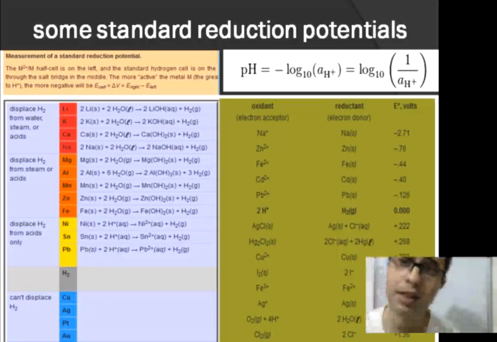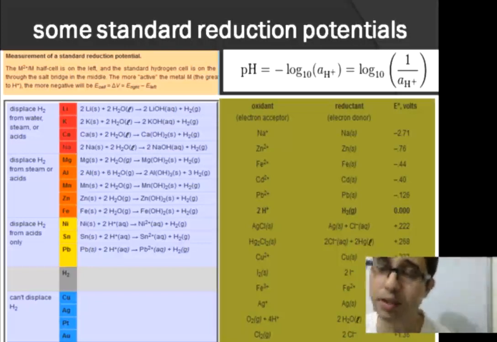You can refer to any textbook and solve problems, but you have to understand, because I'll be solving 3 or 4 problems where the conceptual requirements are necessary to understand and solve them. So sodium minus 2.71 means it's very difficult to reduce sodium. It's minus, a high value.